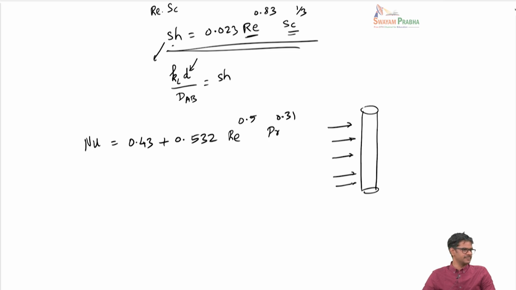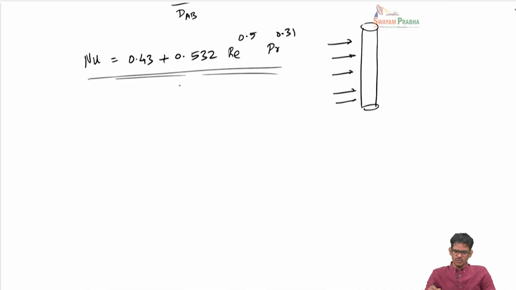This is a flow condition. So you have a hot circular tube, and the fluid is flowing past this tube perpendicular, and you're looking at the heat transfer rate or heat transfer coefficient for this particular problem, which is given by this. This information is available in the literature.